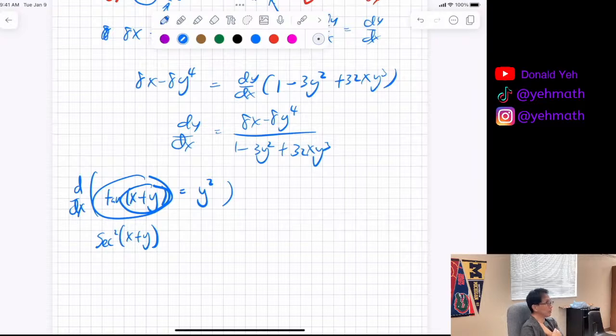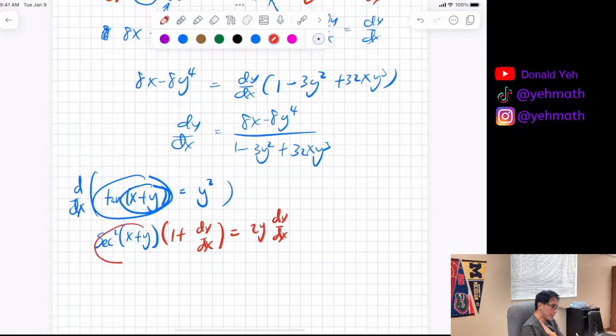There's a chain rule. It's a function within a function. Does that make sense? So you get 1 plus dy dx, equal to 2y dy dx. Are we okay here? There's a chain rule. So yes, implicit differentiation can have a chain rule.